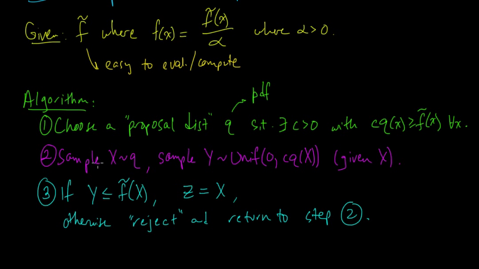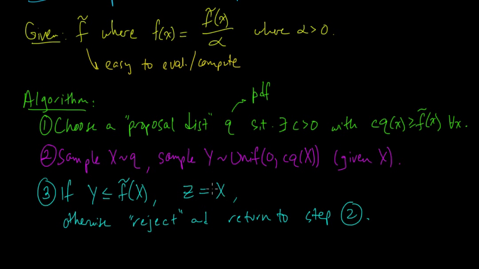We start anew, we get a new sample from Q, and then we get a new sample of Y, given the new sample of X from Q, and then we check to see if we satisfy this constraint. We keep looping here until this is satisfied, and then we stop, and we get our sample.